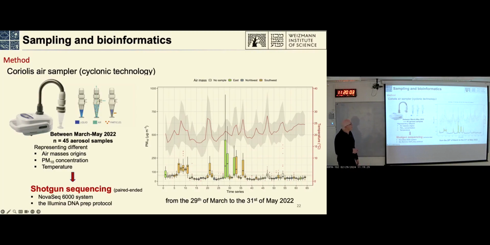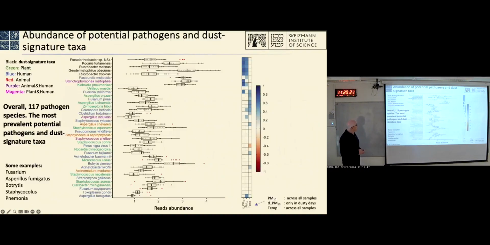Here we sample in a different way. You sample directly into liquid, and that allows us to take it directly to shotgun sequencing. We will blast the DNA much more, and then we use bioinformatics to understand which specific pathogens we might have in the dust. So what we find is something very interesting.